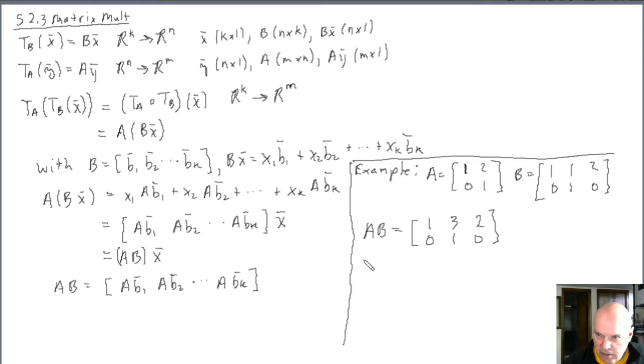There's an alternate definition for matrix multiplication, an alternate way to find the product of two matrices, and this is probably what you're used to from high school.